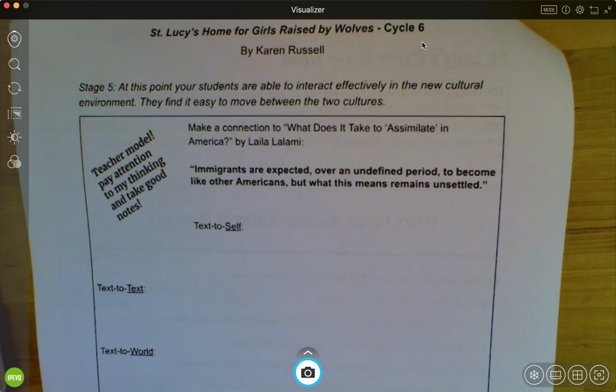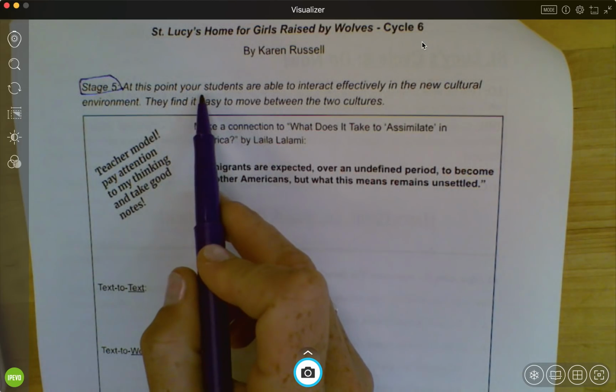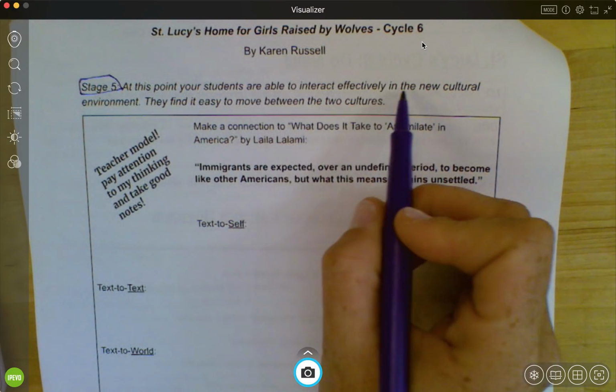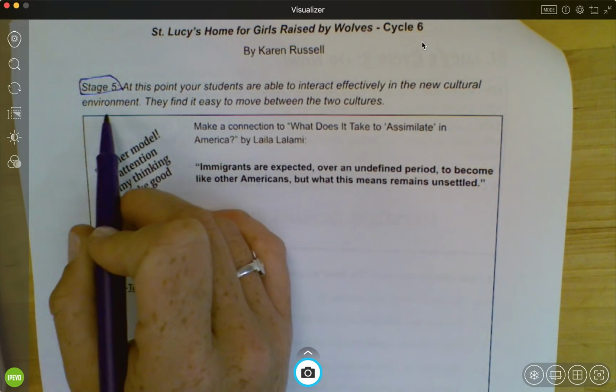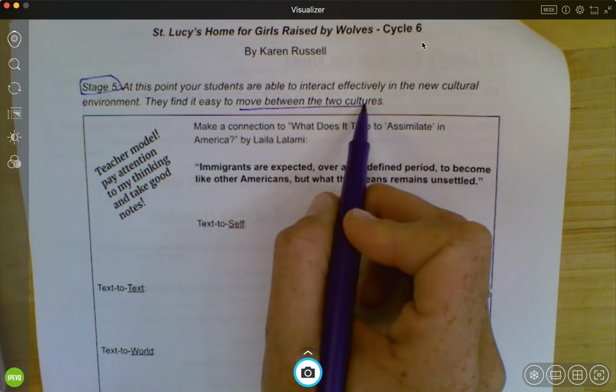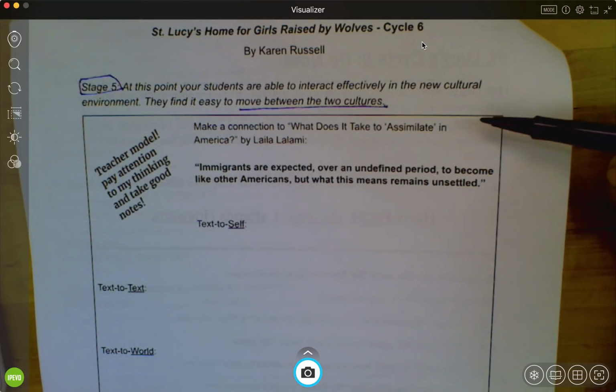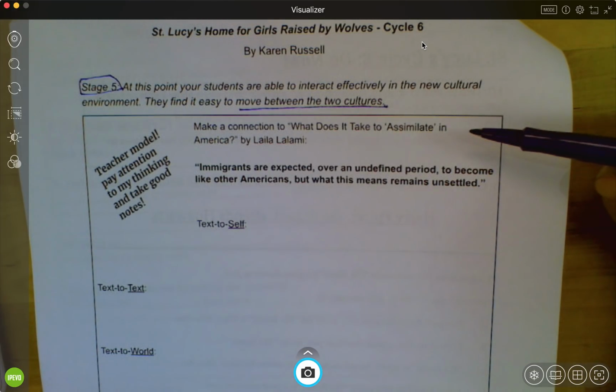All right, so we see stage 5. It says, at this point, your students are able to interact effectively in the new cultural environment. They find it easy to move between 2 cultures. So this idea of moving between 2 cultures. Then if we go back and look at the article that we read at the beginning of the 6 weeks, what does it take to assimilate in America?